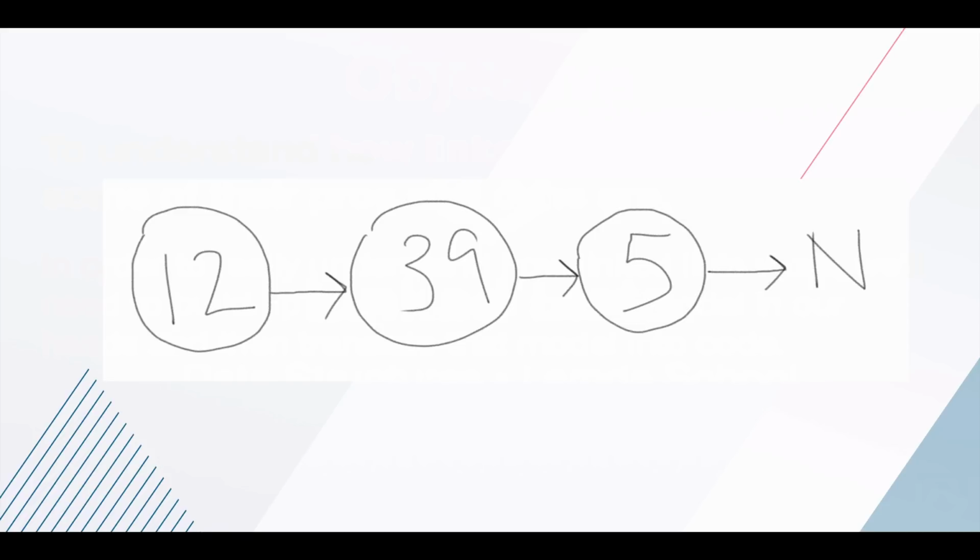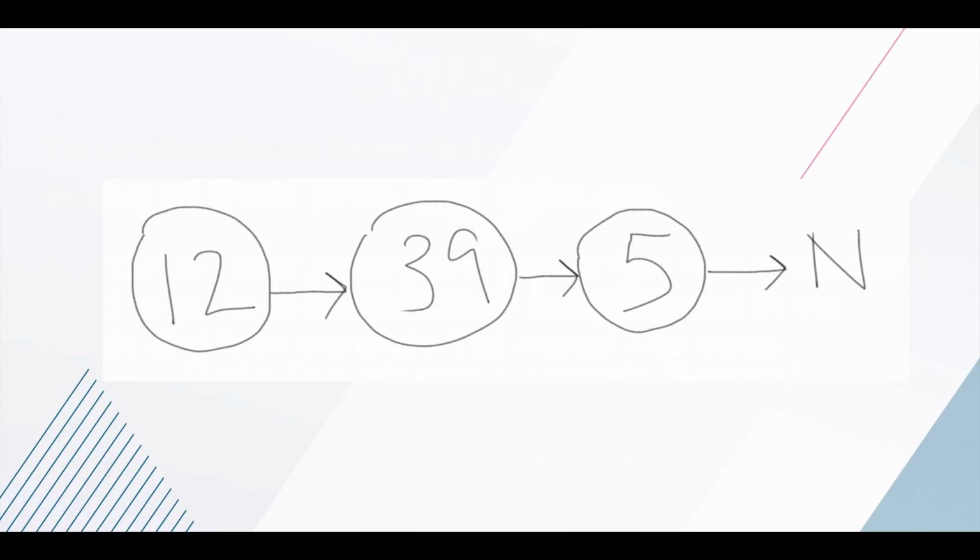So we have these three values being stored in our linked list example, 12, 39, and 5, and we can see how each one is essentially isolated in its own node, with the only thing connecting the nodes being these arrows.